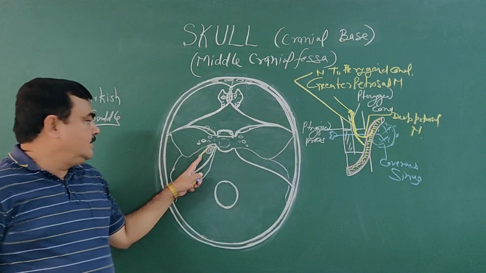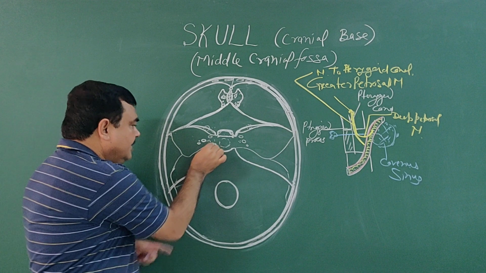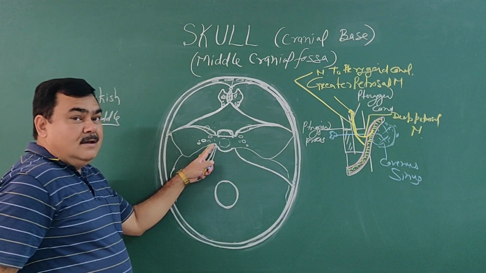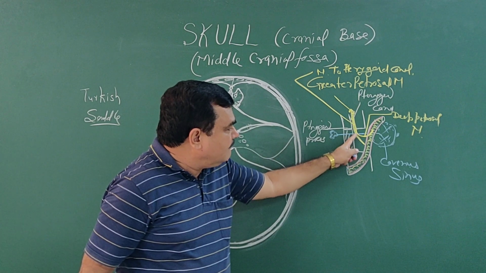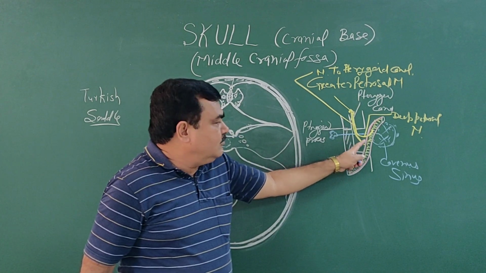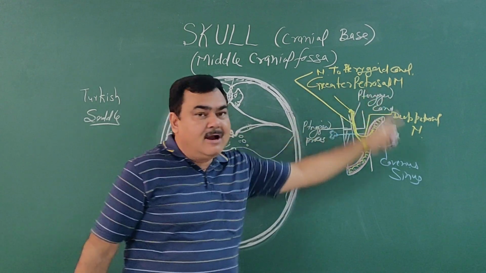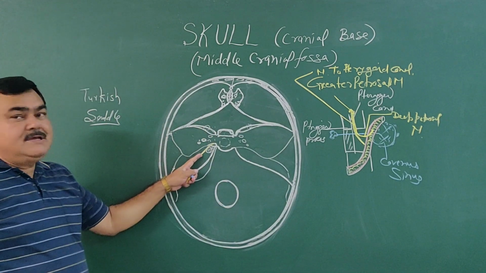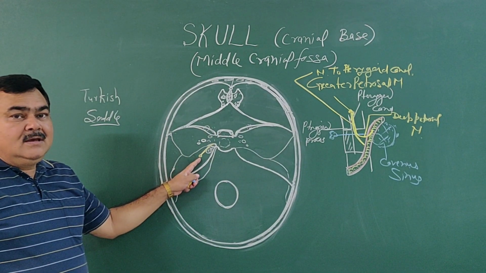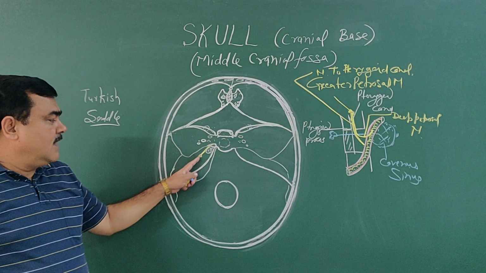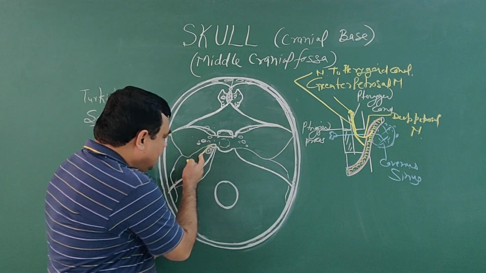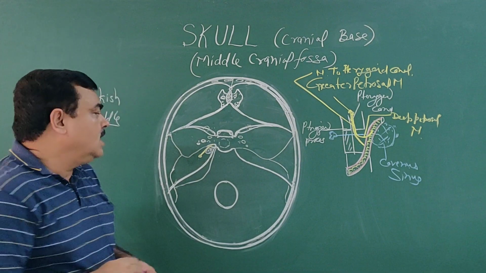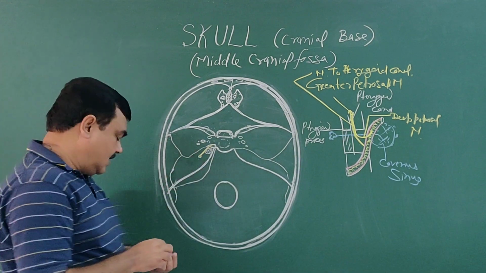It passes through this and goes into the foramen lacerum, passes through the anterior wall of the foramen lacerum, and joins the deep petrosal nerve to form the nerve to the pterygoid canal. This opening is the hiatus, and from here to here there is a groove in the bone.